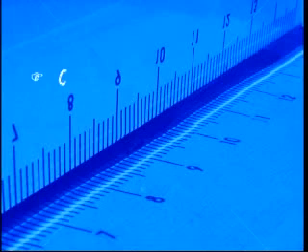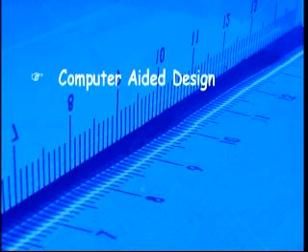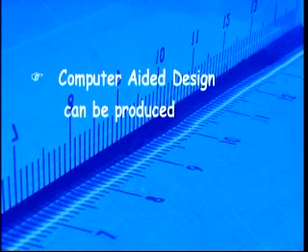Well, students, even though you're not familiar with computer-aided design and drafting software, I'm sure you tried enough. Let's see some basic differences between them. Computer-aided design can be produced in a much lesser time than the manual drawing.